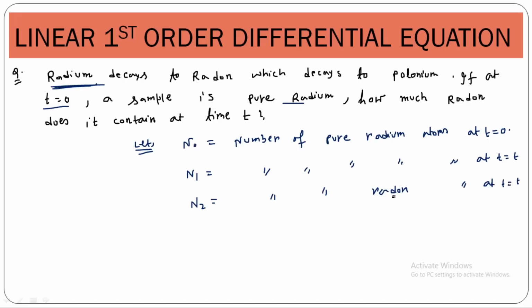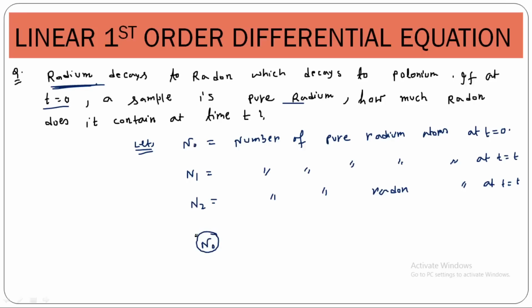So first radium decays into radon, and the number of pure radium atoms at t is equal to 0 is nothing but N0.